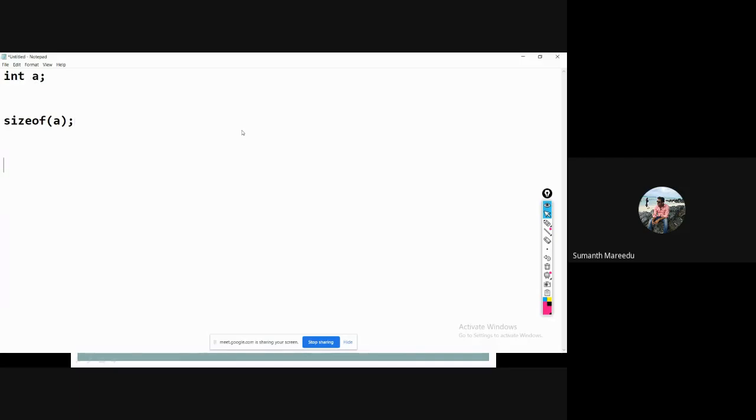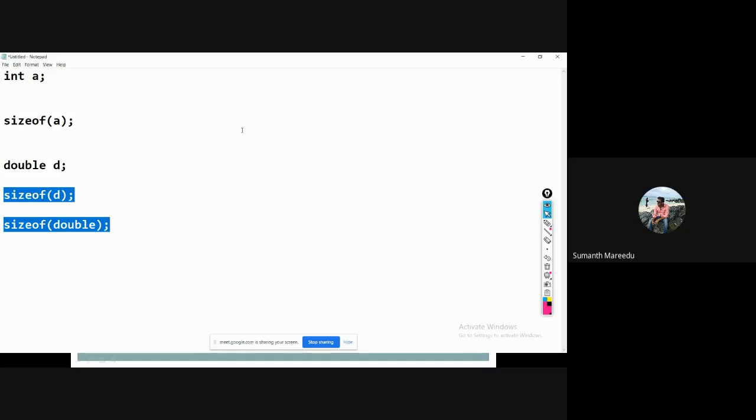If you have a double d, I can write sizeof(d), or I can write sizeof(double). Both will give me how many bytes are actually occupied by a double. If you are not sure, you can use this.